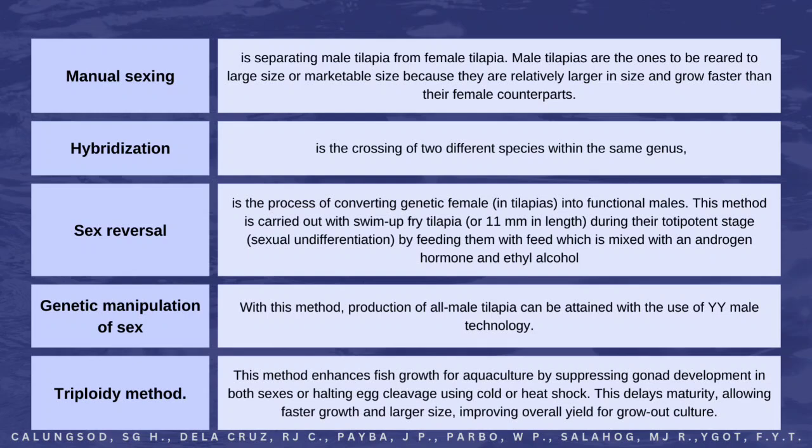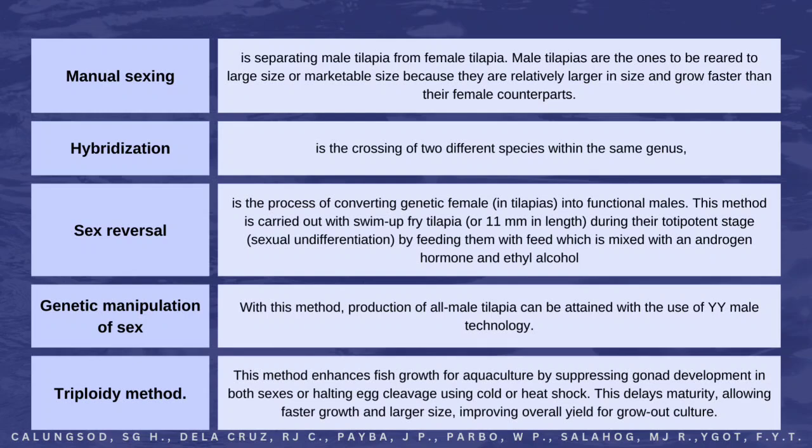And lastly, the triploidy method or chromosomal manipulation. This method enhances fish growth for aquaculture by suppressing gonad development in both sexes or halting egg cleavage using cold or heat shock. This delays maturity, allowing faster growth and larger size, improving overall yield for grow-out culture.